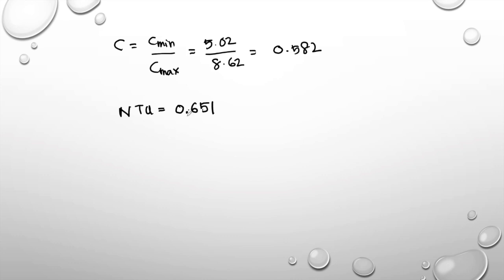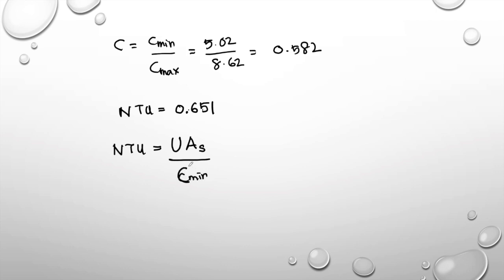Now, we are required to find the area. We know that the NTU equation is U, the overall heat transfer coefficient, times AS over C minimum.